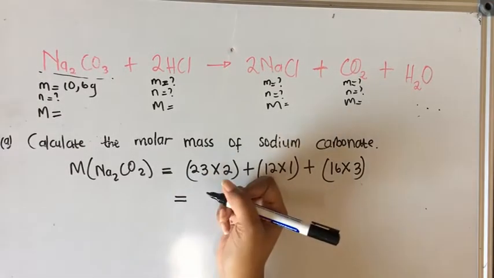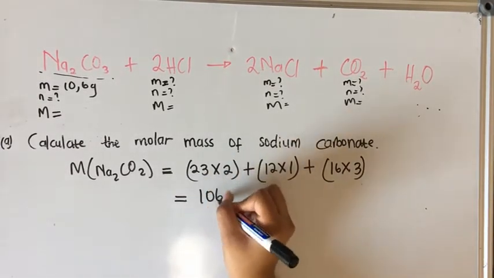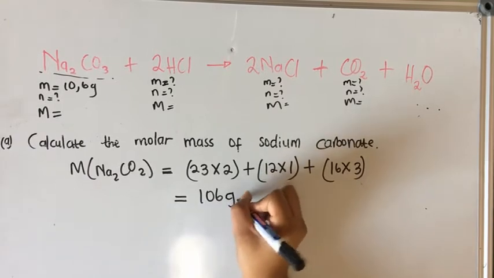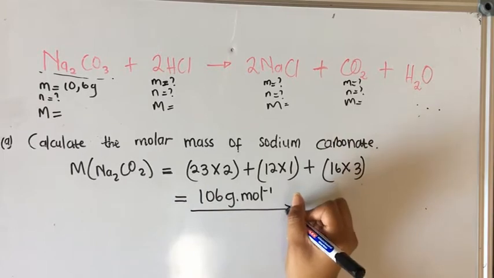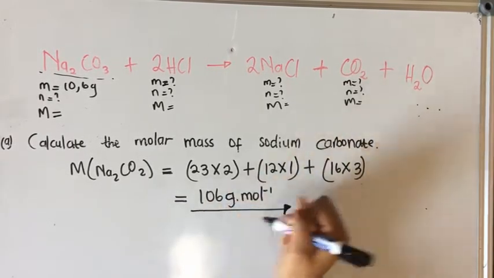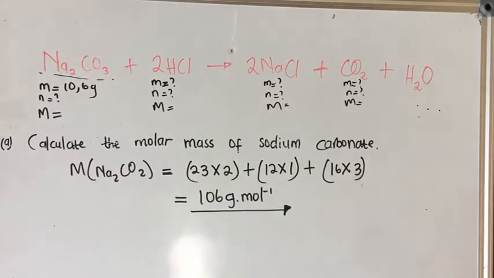Your final answer kuba 106 grams per mole. So kubalulekile ukuthi ubhale ama SI units, right? So SI units for molar mass, it's grams per mole. Alright.